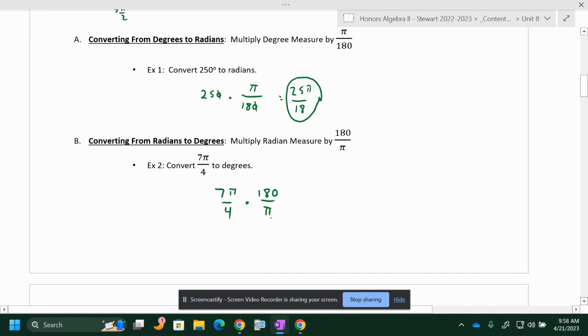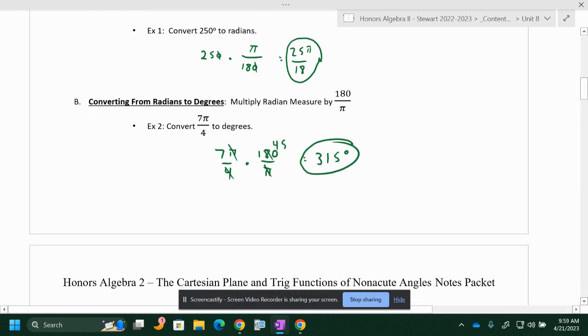If you have pi in your numerator and denominator, those will cancel. 180 divided by 4 is 45. Then times 7, that gives us 315 degrees. So if you're not familiar with radians to start, you can just transfer it into degree mode, which is fine.